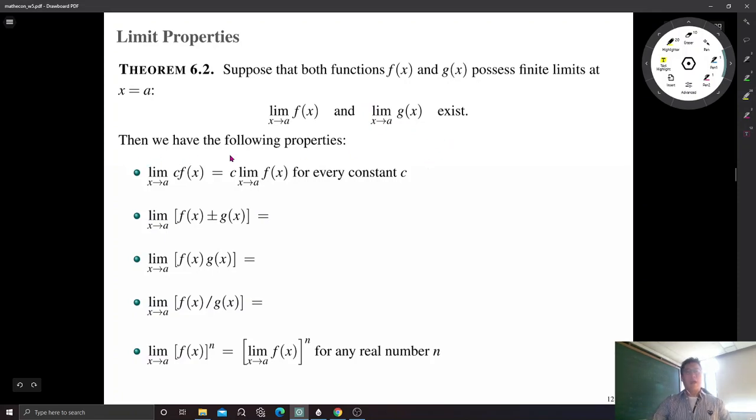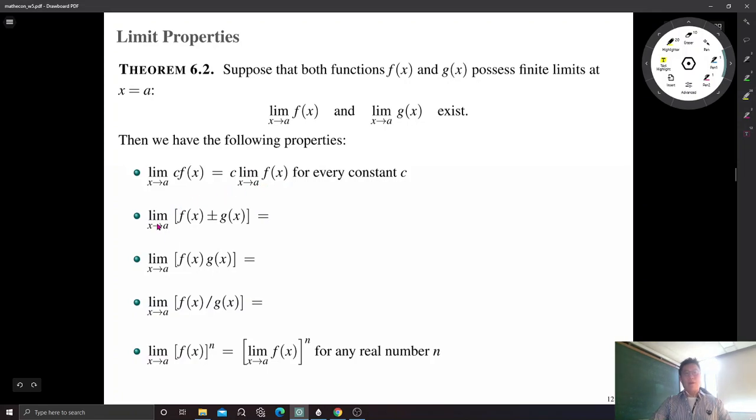Then we have the following properties. First, whenever we have a scalar multiple, we can pull it out. So a constant c can be factored out. The limit of c times f of x is the same as c times the limit of the function.